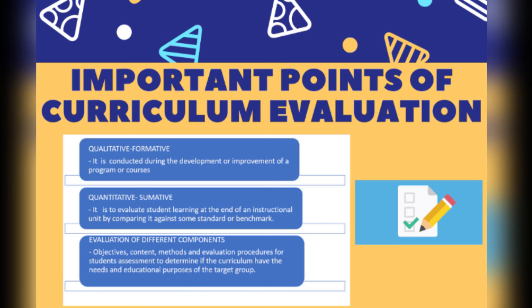Also, we have quantitative, that is summative evaluation or assessment, to evaluate students' learning at the end of an instructional unit by comparing it against some standard or benchmark. And finally, we have evaluation of different components, like objectives, content, methods, and evaluation procedures for students' assessment, to determine if the curriculum meets the needs and educational purposes of the target group.